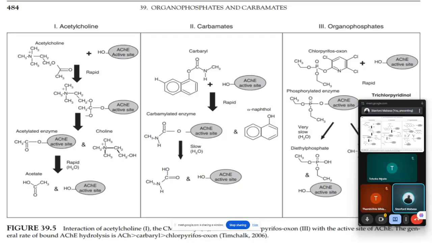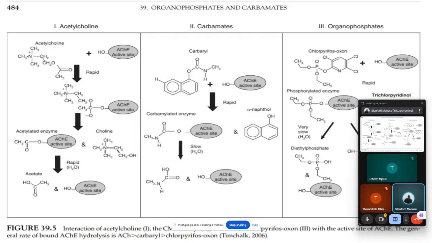Then they form something which is going to break down. And the choline is going to be released, and the enzyme is also going to be released. Then there is also a rapid reaction leading to a breakdown of that union.